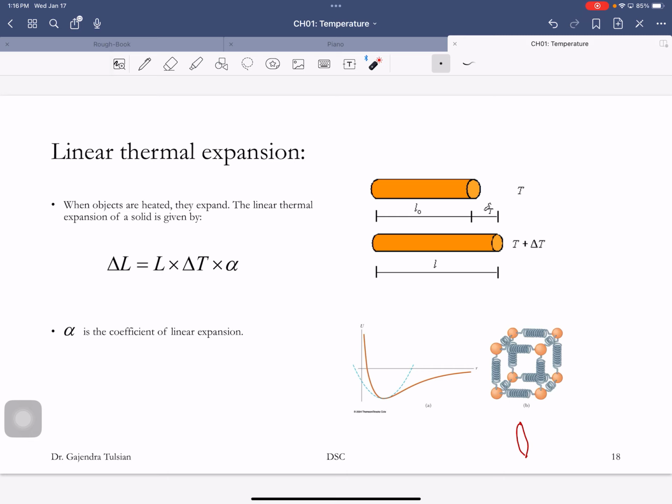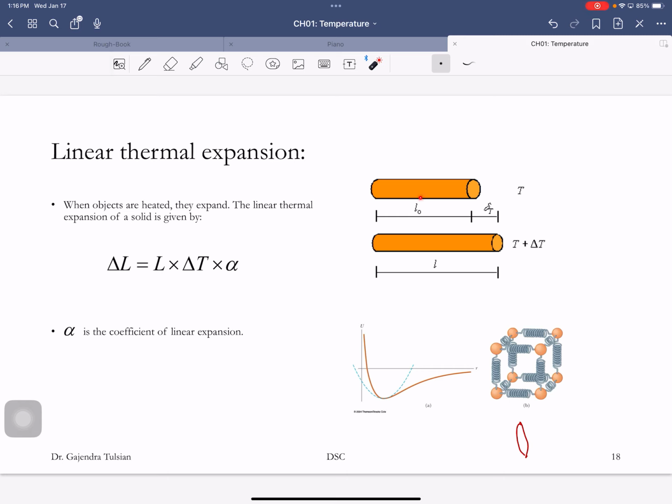All right, so what is the net effect in a macroscopic sample? When you heat the sample, the average distance between every atom has increased. So the length of this rod will increase, and its width also increases. But the predominant dimension, the greatest dimension, is the length, so let's just study the increase in length. And this is of practical importance to us.